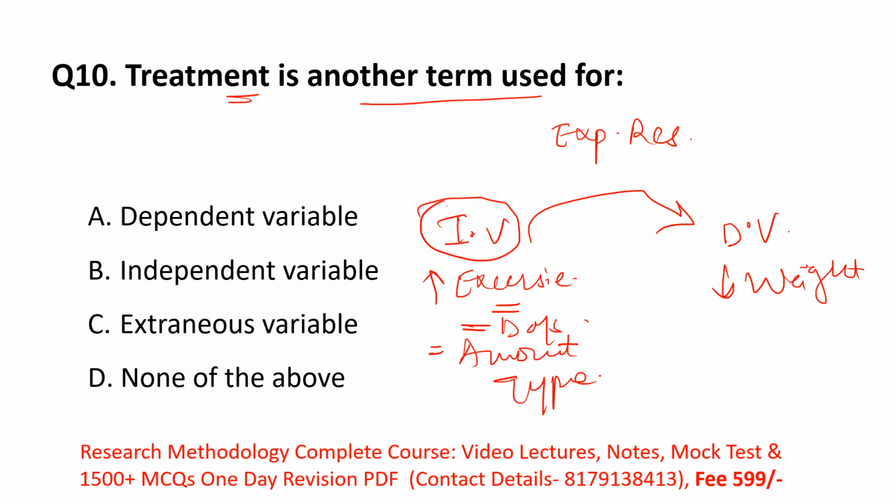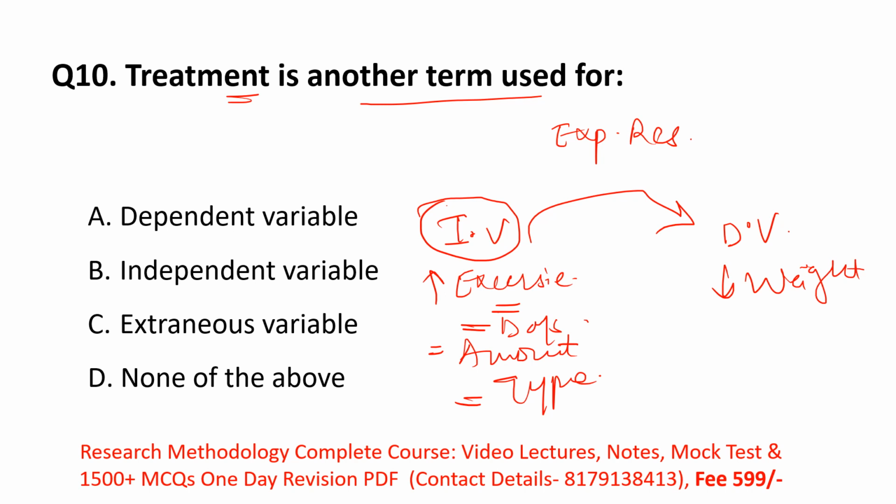And next is the type of exercise. These terms matter. So I am treating my independent variable, and I am seeing for which variable and for what reason my dependent variable is affected.